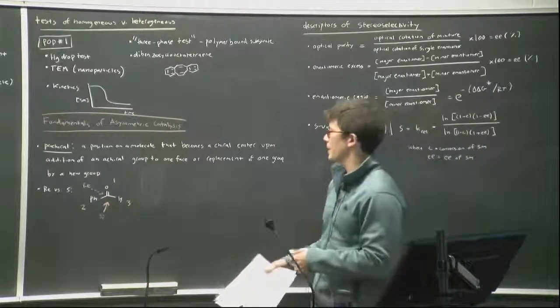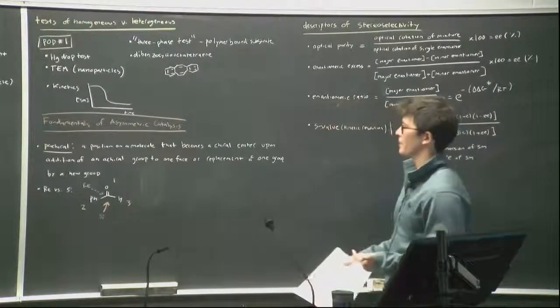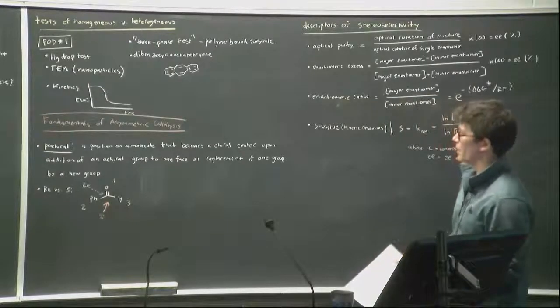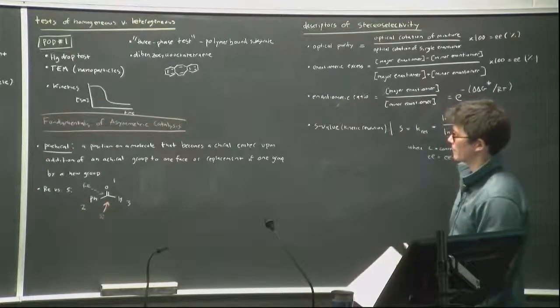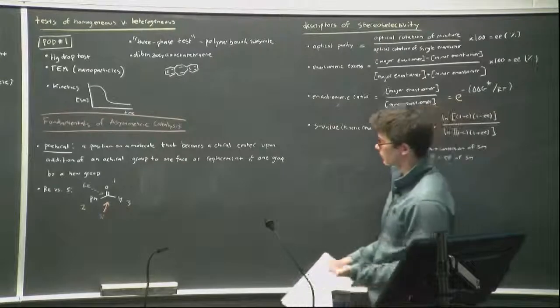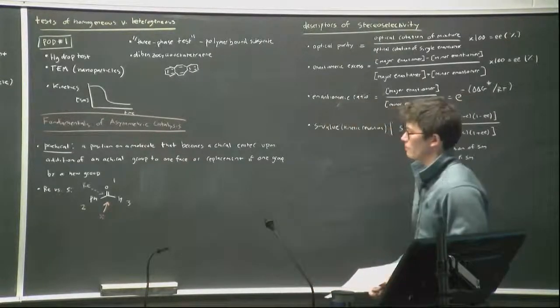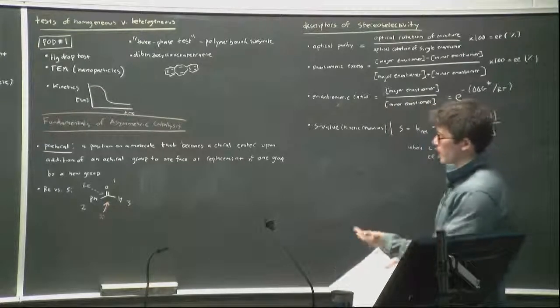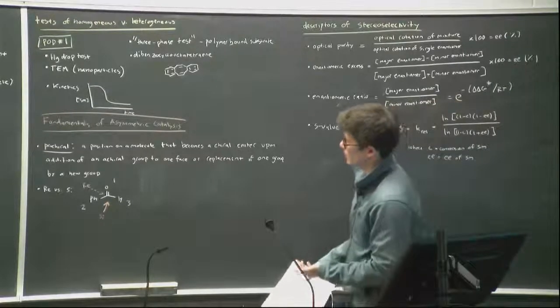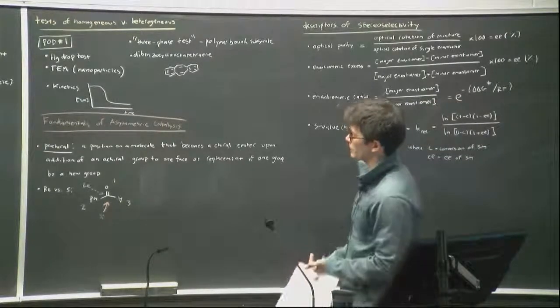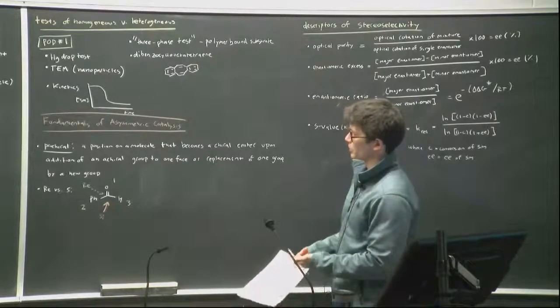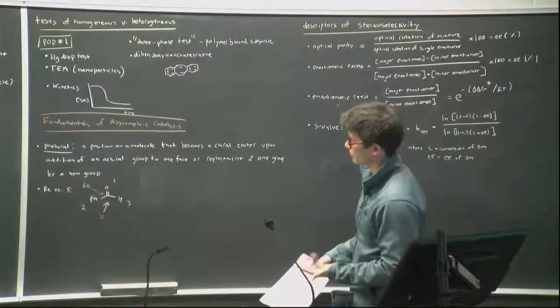It could be two methyl groups that become chiral upon methyl C–H activation. But in general, asymmetric catalysis is dealing with conversion of prochiral starting materials to chiral enantiomer-enriched products.